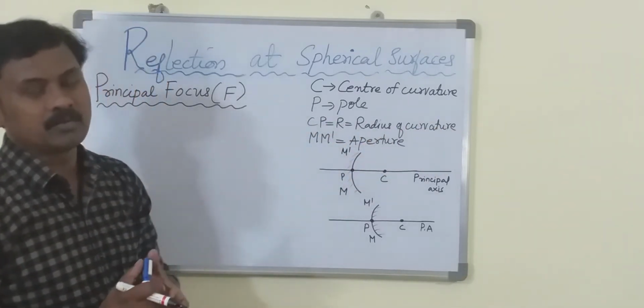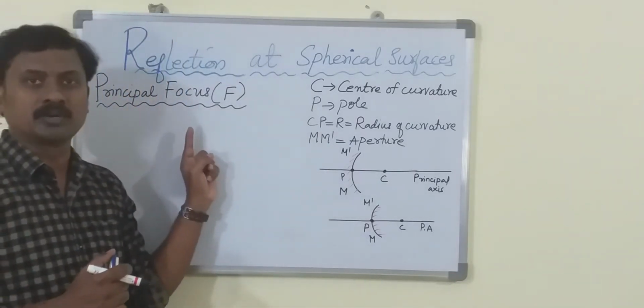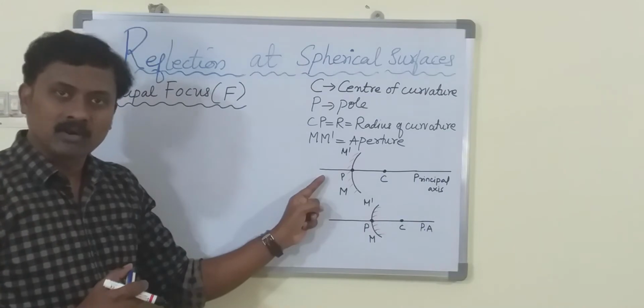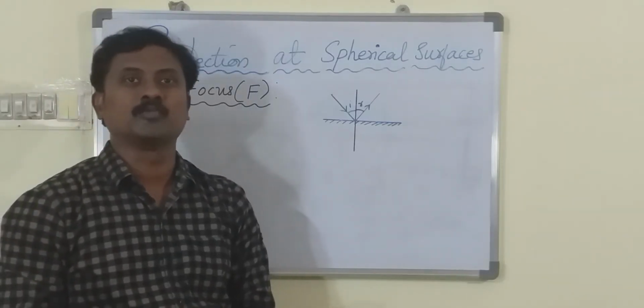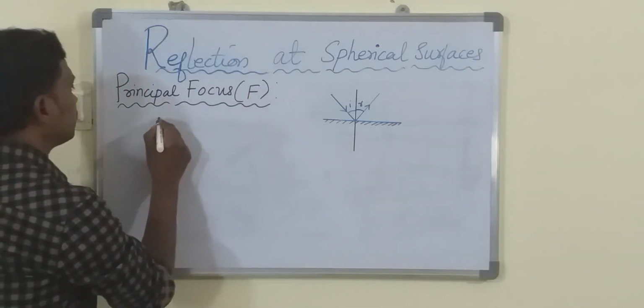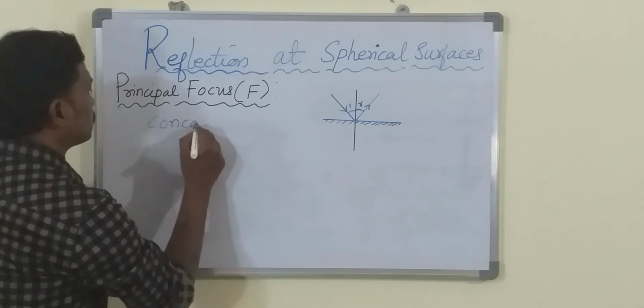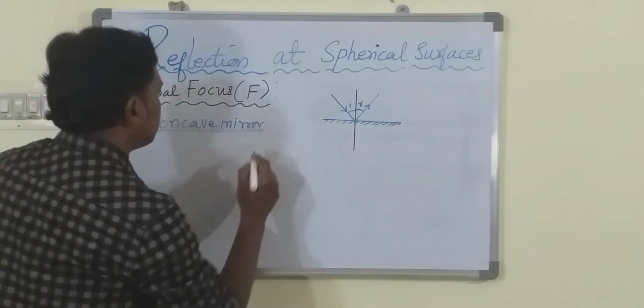Okay, right. Now next we are going to discuss a very important point called the principal focus, which is present for the concave mirror and convex mirror. Now let us try to locate the principal focus for concave and convex mirrors. First, the concave mirror. Let me draw the concave mirror.